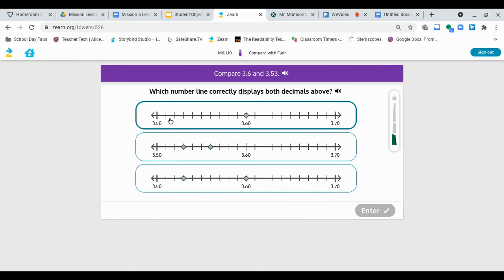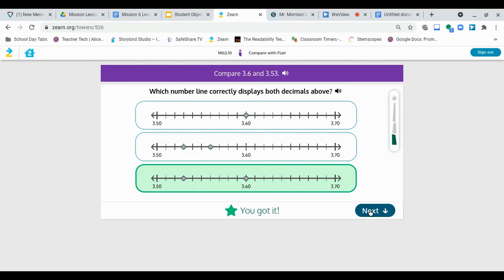So this would be 3 and 51 hundredths, 52, 53, 54, 55, 56, 57, 58, 59, 60 hundredths. I'm looking for 53. If I go 51, 52, 53, it should be in this spot right here. But look, there's no dot in this one. If I go to the third one, 51, 52, 53, it's right there. So that's what I'm going to click and select.